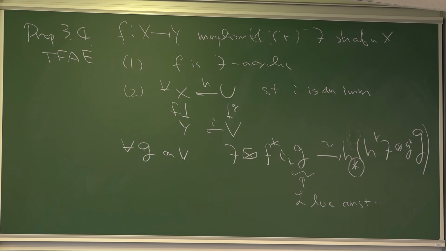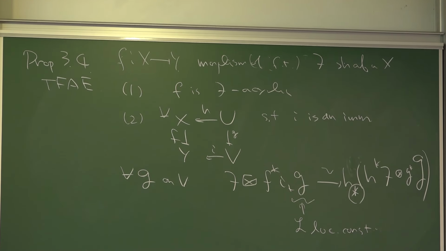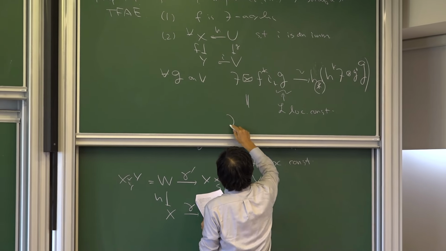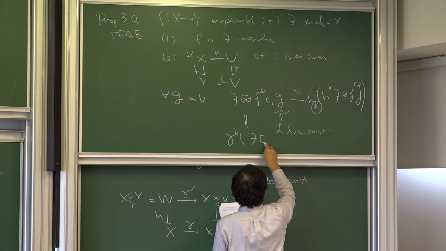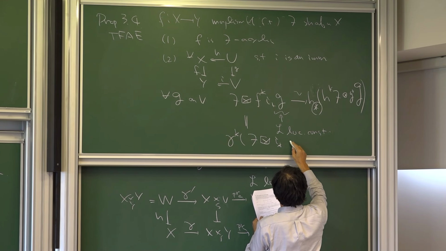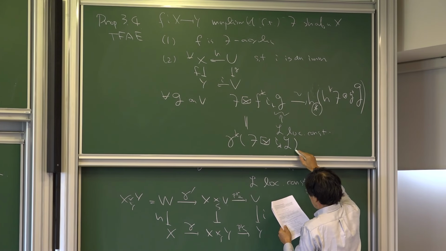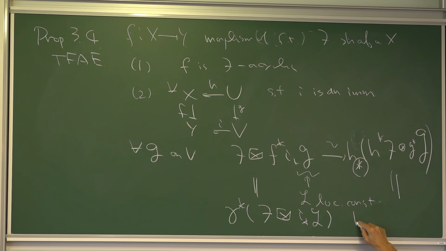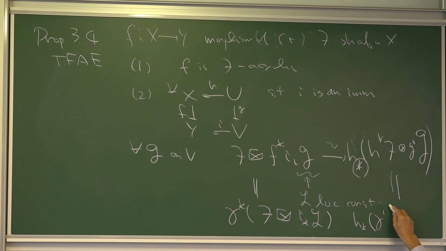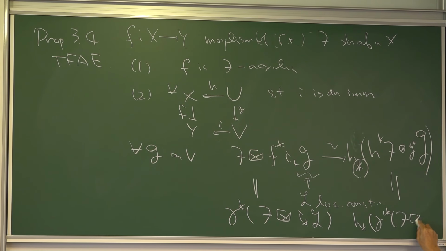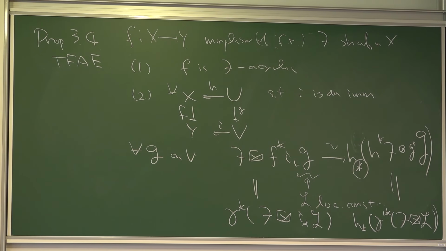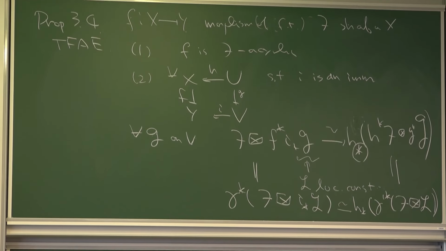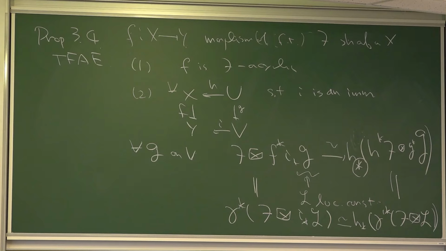And this condition, with notation here, we can write this as gamma star of F external product of i star of L. So I replace this G by L. And similarly, h star of gamma prime star of F external product L. So the second condition is that this is an isomorphism.